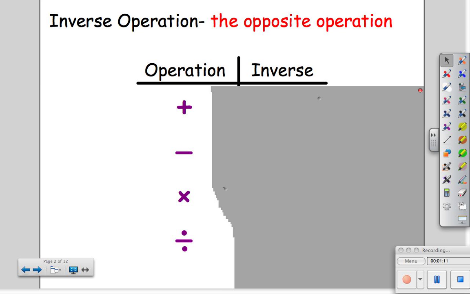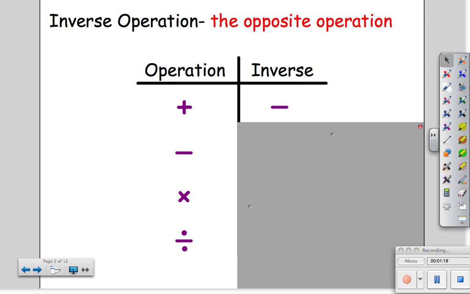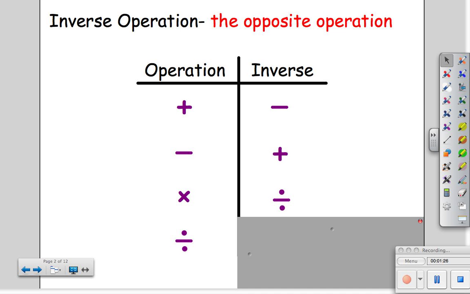The inverse, or the opposite of addition, is subtraction. The inverse of subtraction is addition. The inverse, or the opposite of multiplication, is division, and the inverse of division is multiplication.